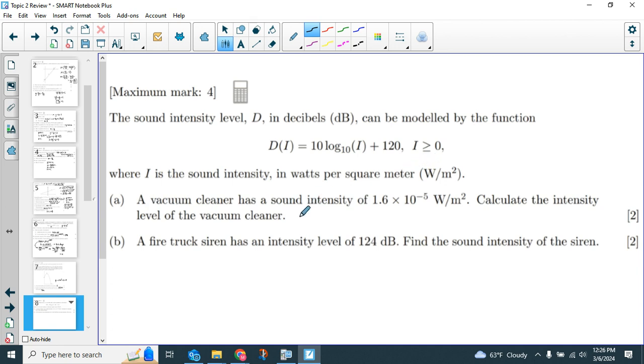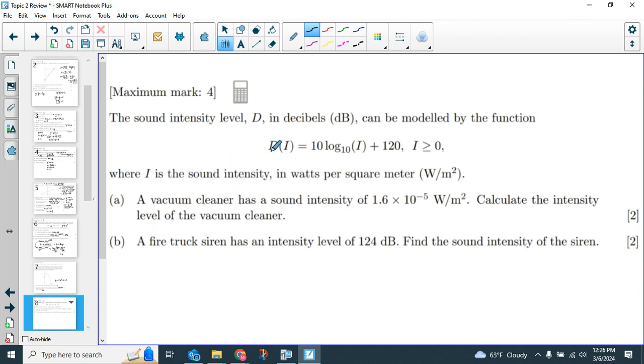A vacuum cleaner has a sound intensity of 1.6 times 10 to the negative fifth, whatever that is. What's W? Watts, maybe, per meter squared. Calculate the intensity level of the vacuum cleaner.